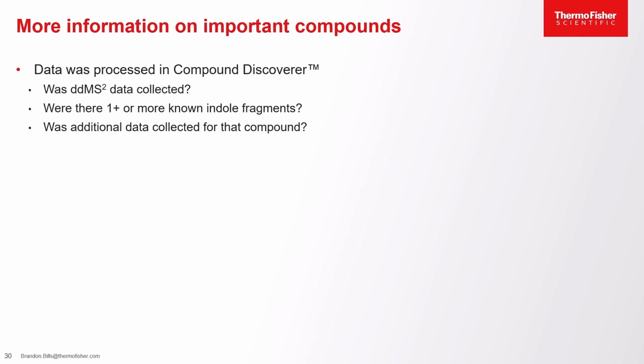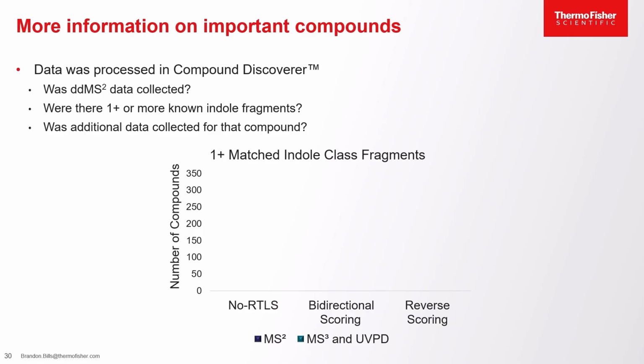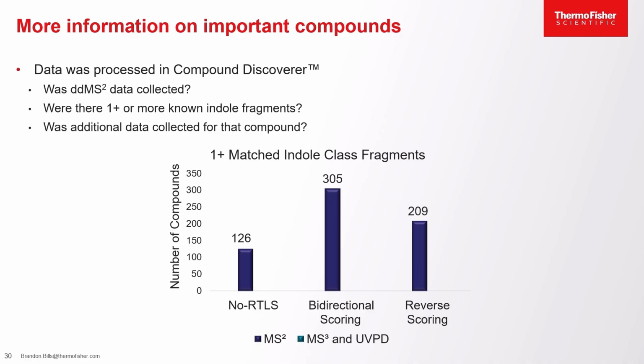So here we've got our metrics. With no real-time library search, we can see that we found the least number of compounds that are potentially indole, that we also had data-dependent MS2 collected on them.